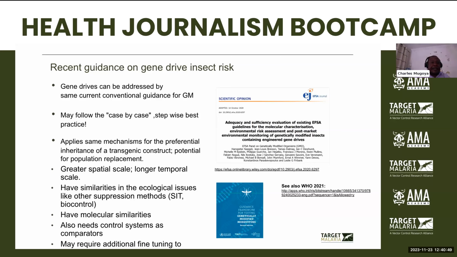And also the similar molecular similarities in the analysis and similar methods for detection. So that gives us confidence that the current guidance is as good. And it also needs control systems as comparators. So this is the same as any other GM organism. And therefore, what we need is maybe to do additional fine tuning.